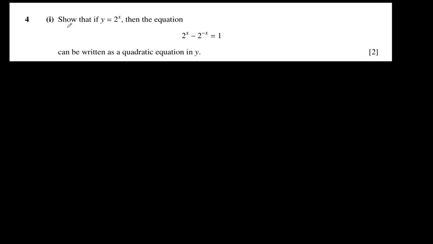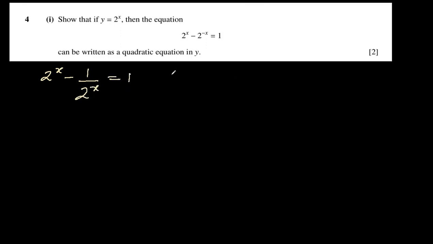Question 4. Show that if 2 to the power x is replaced by y, then the equation can be written as a quadratic equation in terms of y. Okay, so let's rearrange this equation first, and then we will substitute it equal to y. So 2 to the power x remains 2 to the power x, but 2 to the power minus x can be written as 1 over 2 to the power x to make the exponent positive, equal to 1.